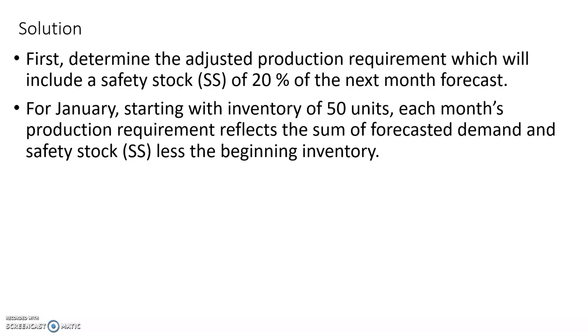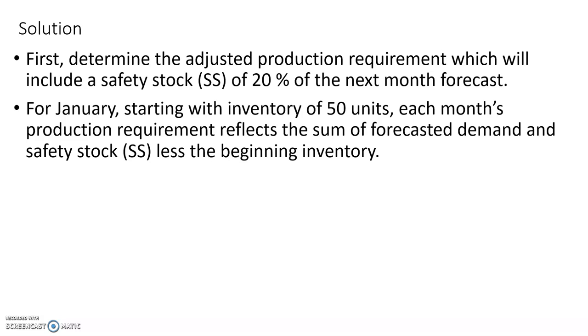Solution: first, we determine the adjusted production requirement, which will include a safety stock of 20% of the next month's forecast. Then for January, we have the inventory beginning with 50 units.